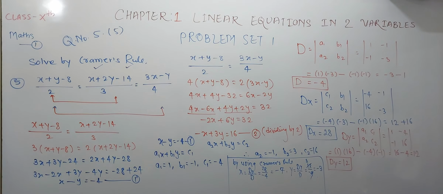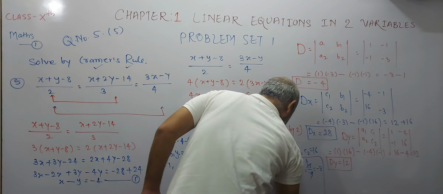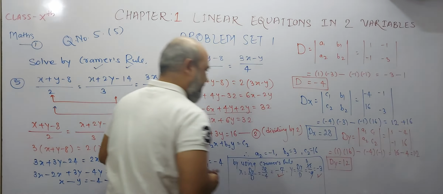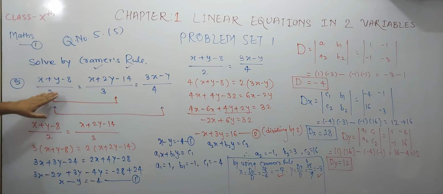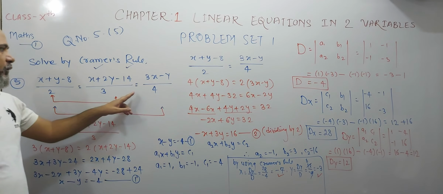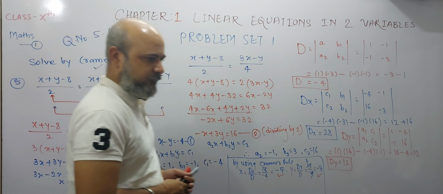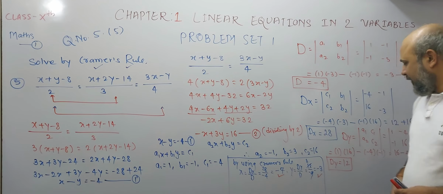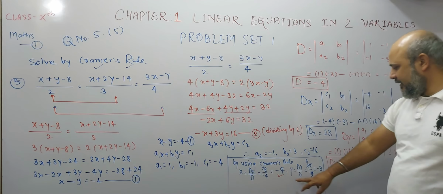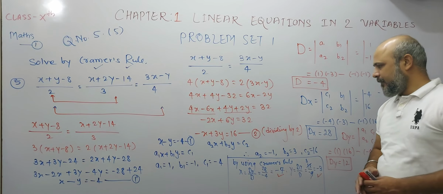So here we have the value of x is minus 7 and value of y is minus 3, and this is the solution of our given equation, that is x plus y minus 8 upon 2 is equal to x plus 2y minus 14 upon 3, which is equal to 3x minus y is equal to 4. Okay students, so here x is minus 7 and y is minus 3.